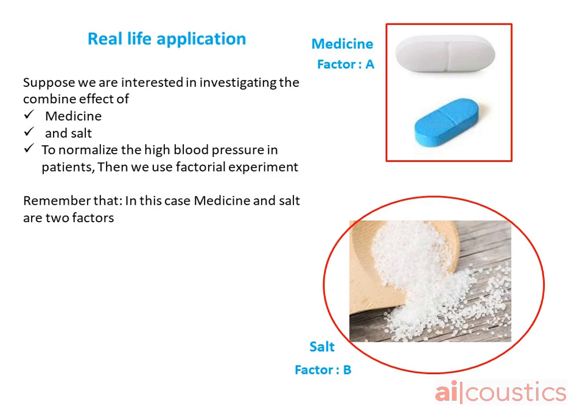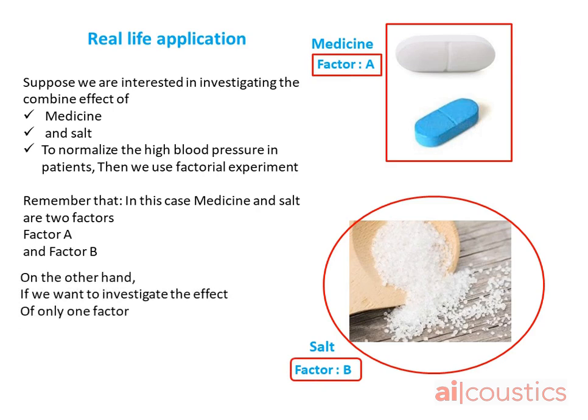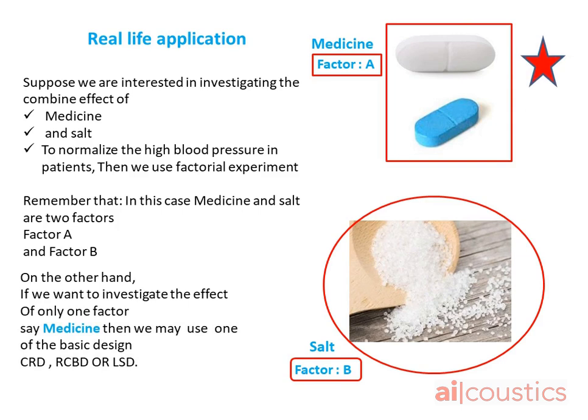Remember that in this case, medicine and salt are 2 factors, factor A and factor B. On the other hand, if we want to investigate the effect of only one factor, say medicine, then we may use one of the basic design CRD, RCBD or LSD.